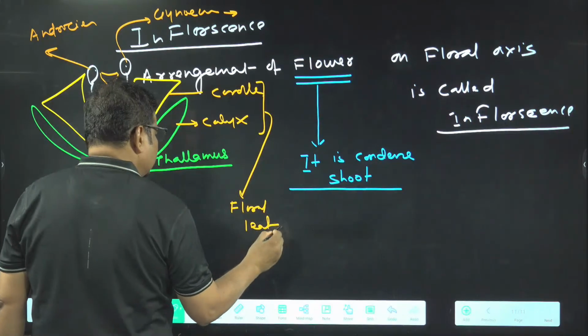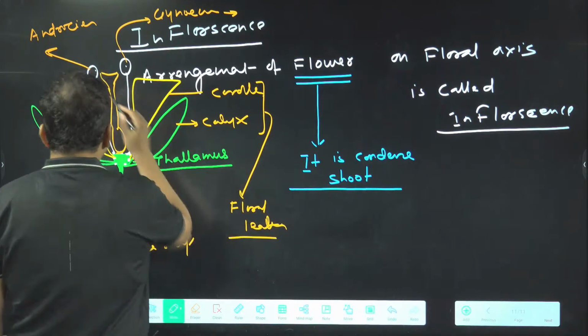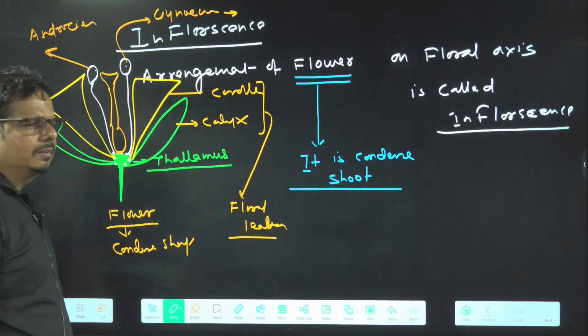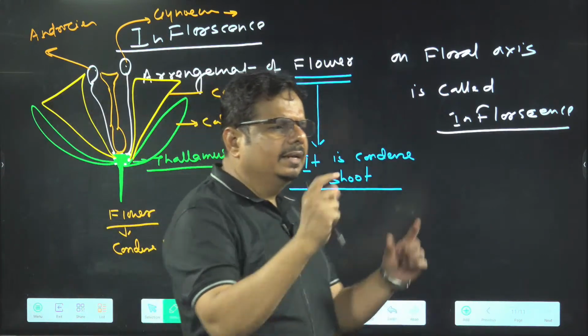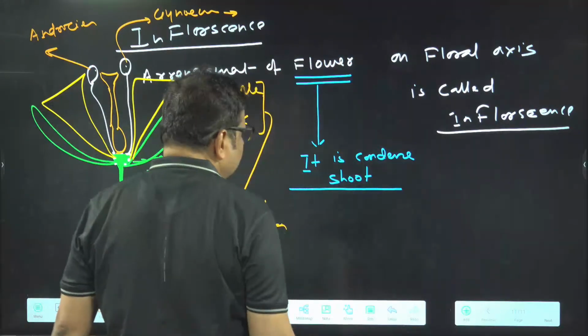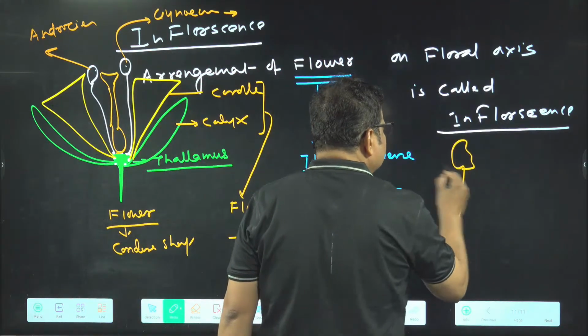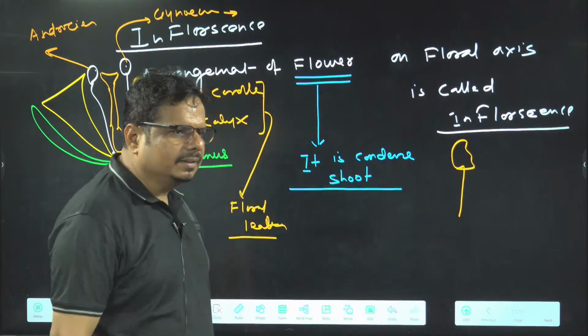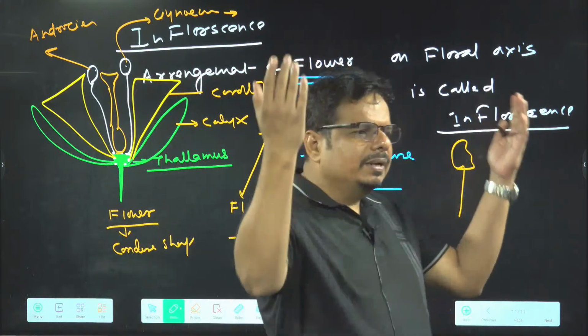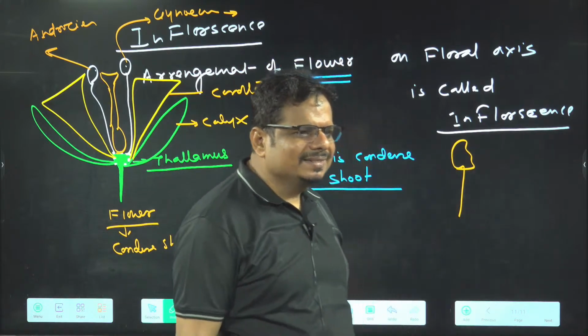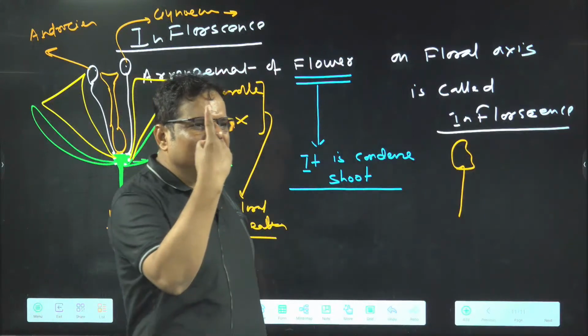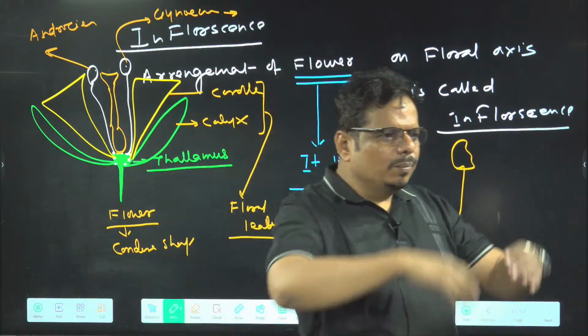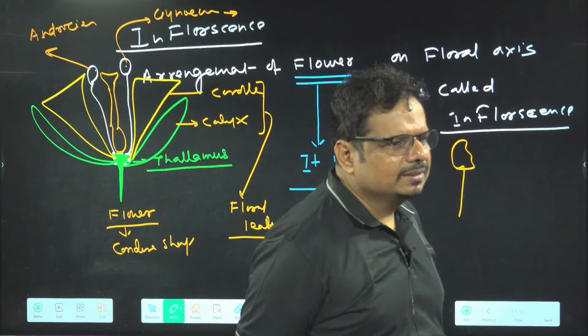Not only is this a floral leaf, it is also a floral leaf, androecium and gynoecium. You got the idea? So flower is a condensed shoot. A single flower, when present on the tip, is called a solitary flower. When many flowers are present, it is called what? Inflorescence. So solitary means how much? Single flower. A group of flowers is called inflorescence.